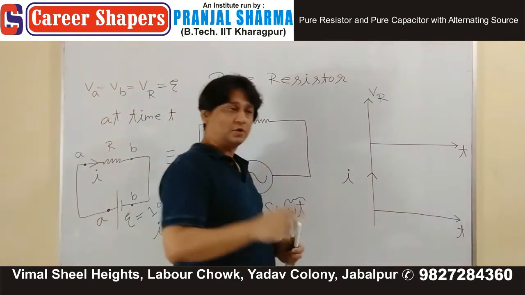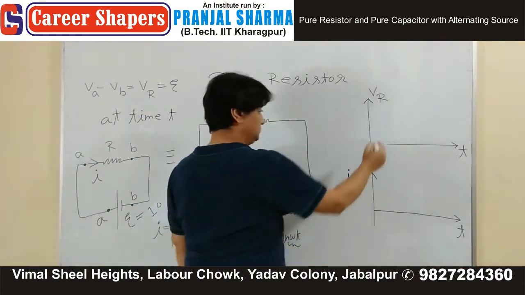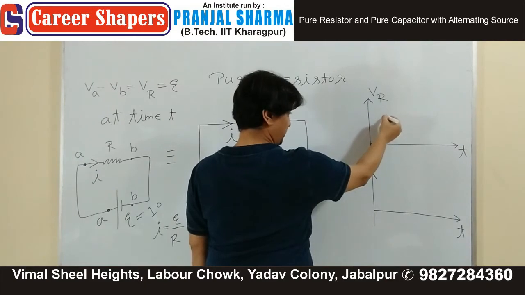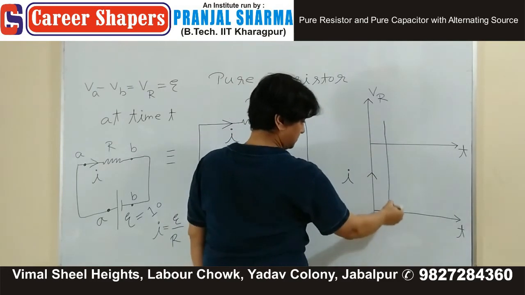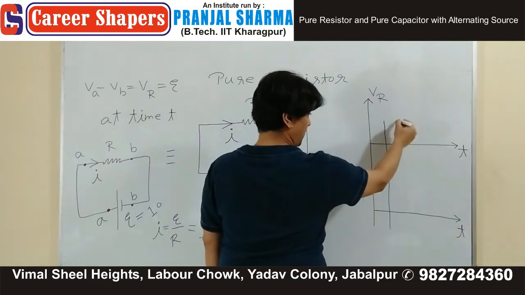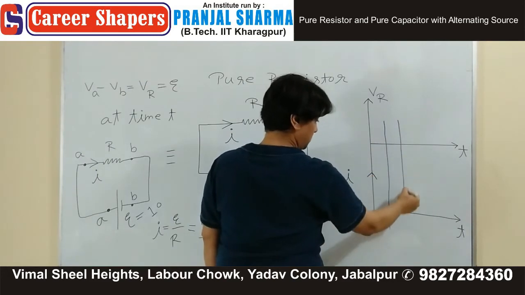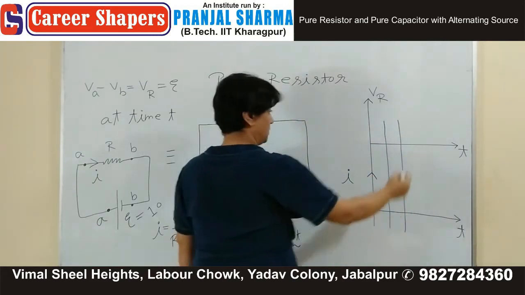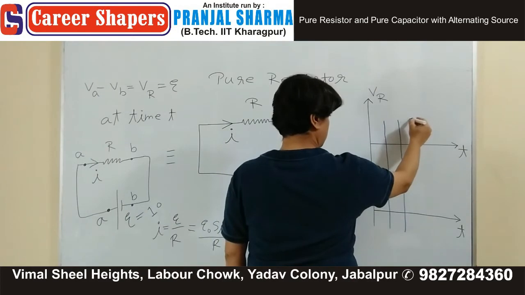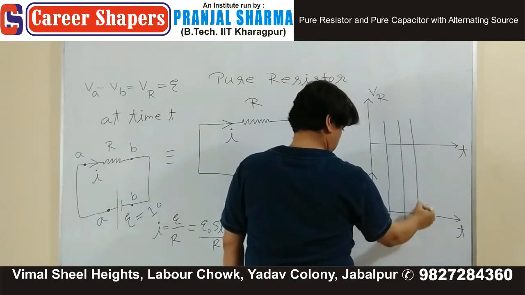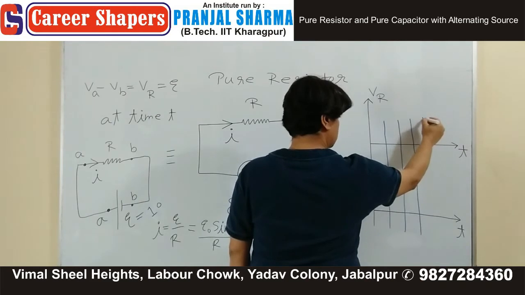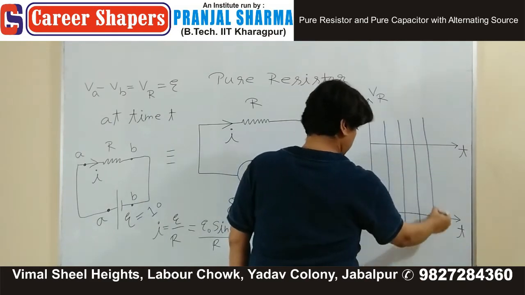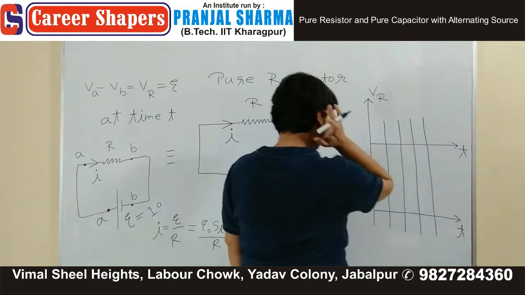Now before you plot the graph, you will draw these partitions at equal intervals. What are these time intervals? If you were present in the last class, then you know what these time intervals are.